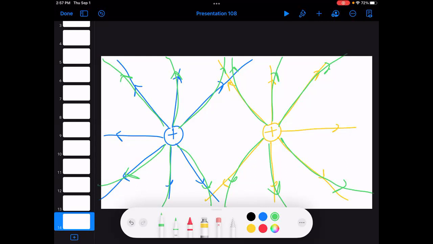Okay, so that's the other dipole. Yeah, so when you bring these charges close to each other, you'll see their lines just move away.